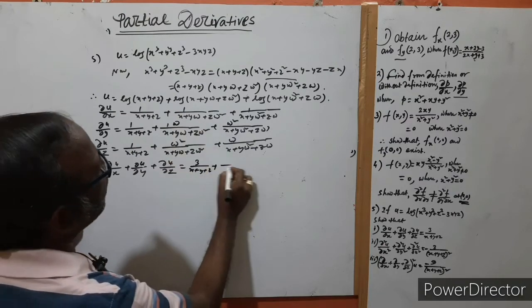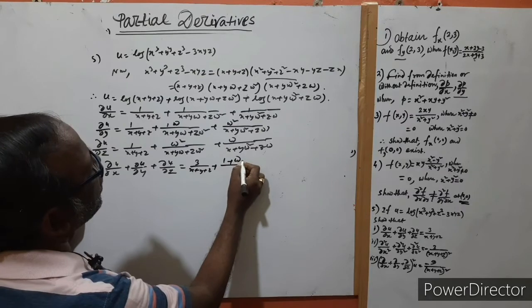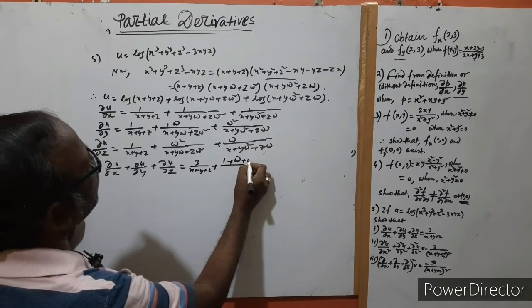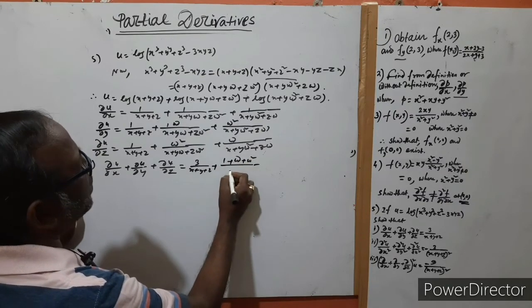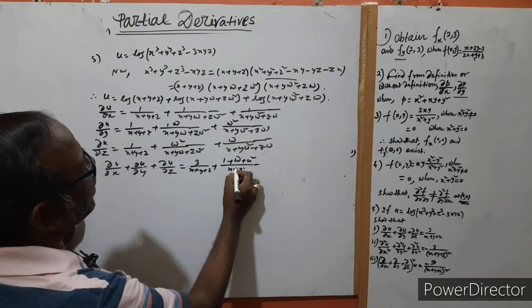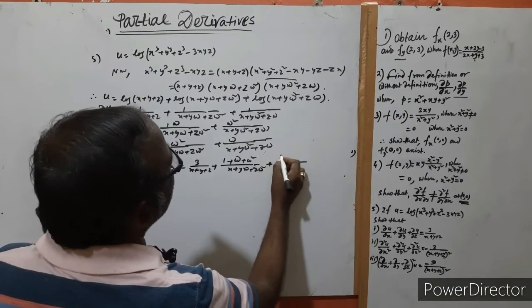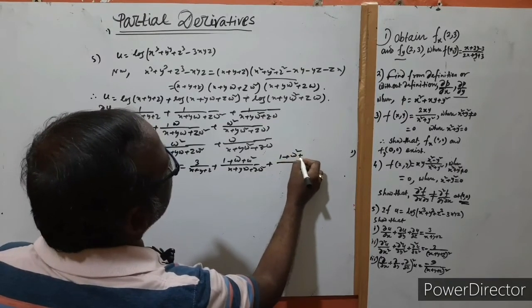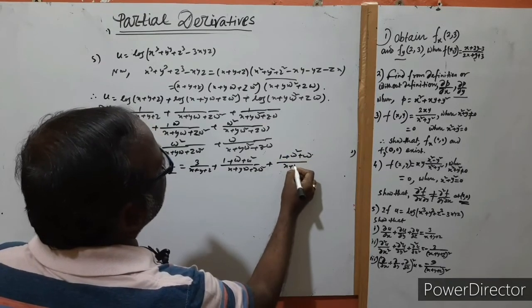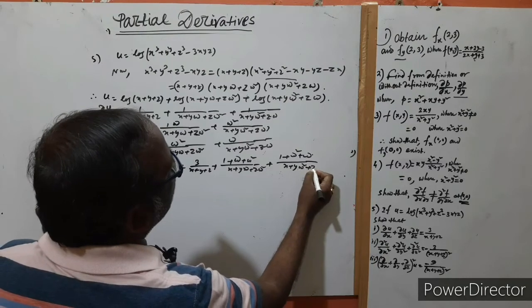The LCM of these three denominators has a numerator of 1, ω, ω², that is, (x + y + z) times (x + yω + zω²) times (x + yω² + zω).